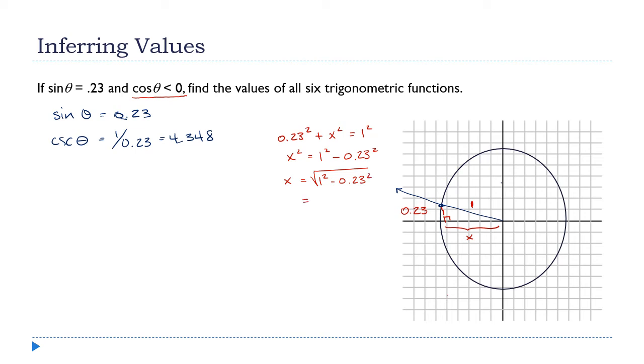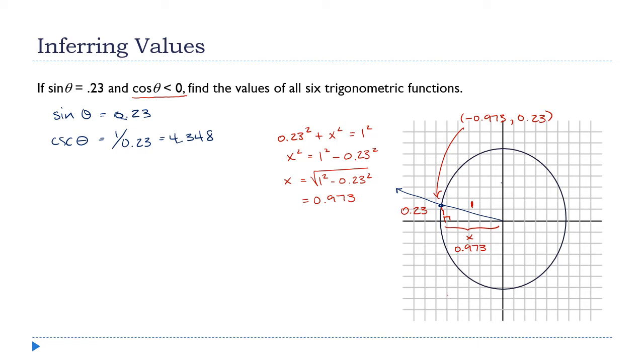And my calculator tells me this is 0.973. All right, well, that means this distance is 0.973. Only we're going to the left, which means the coordinates of this point are negative 0.973, comma 0.23. And that's what I needed to know.